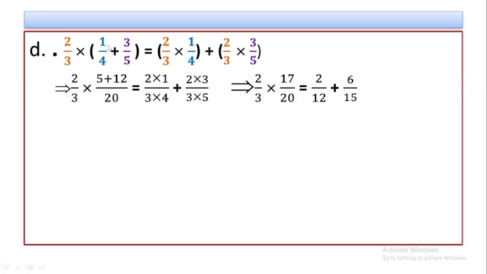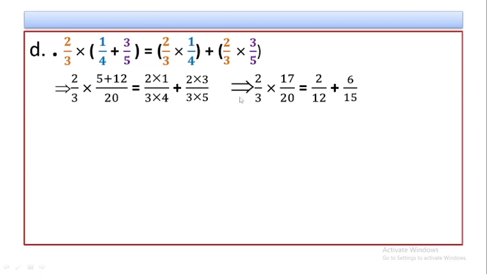So when we solve the right side, this is crisscross: 5 times 1, 4 times 3 is 12, 4 times 5 is 20. Here, 2 times 1, 3 times 4. Here also we can solve: 2 times 5 is 10, 3 times 3 is 9.